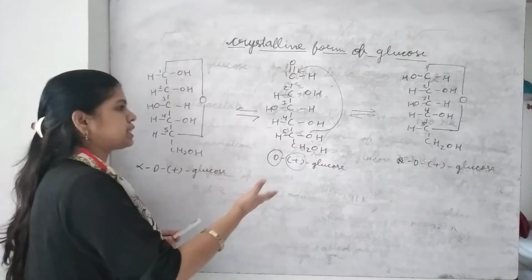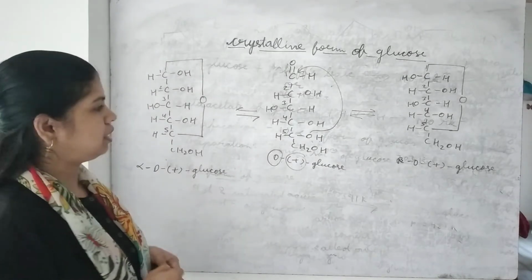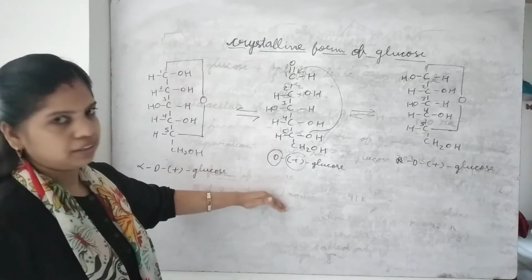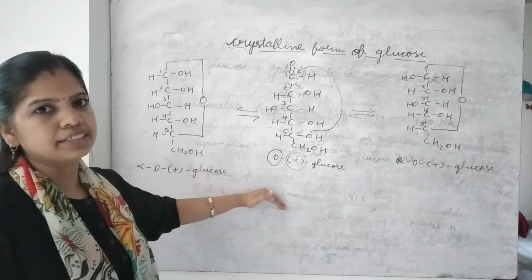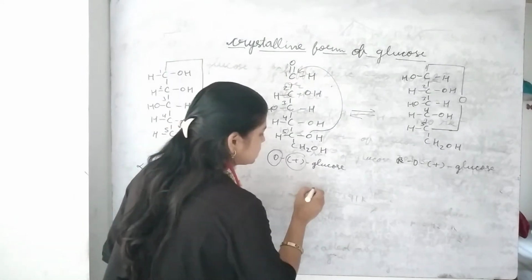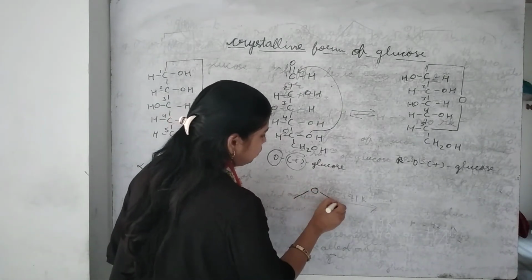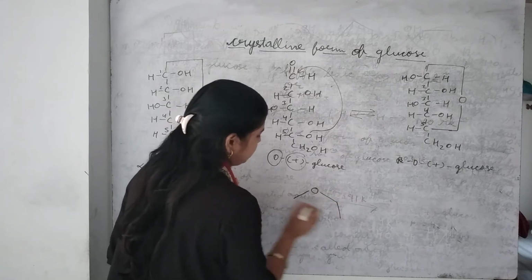Now this structure which I discussed resembles pyran, which I had discussed in class 11th also, that this is pyran, oxygen is there and it is bonded to 5 carbon atoms.